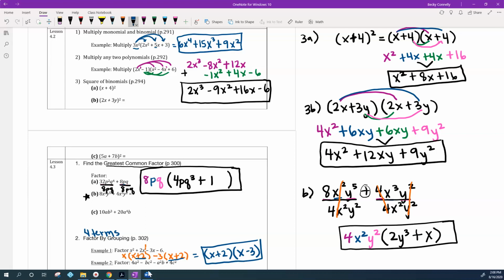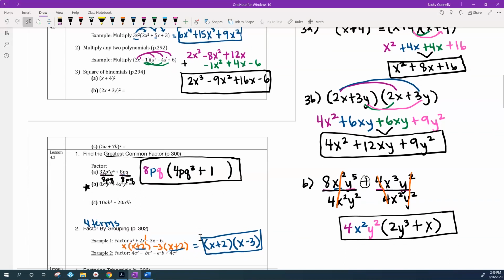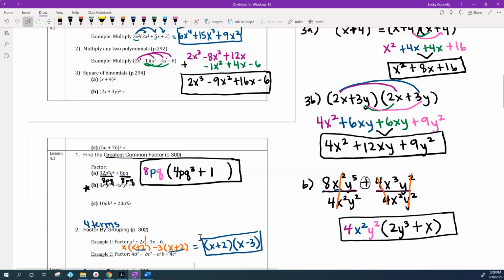And again, if I FOILed this together, distributing those through, I should end up with the 4 terms that I started off with. Okay. The last one on here is another factor by grouping, but this one's a little different.